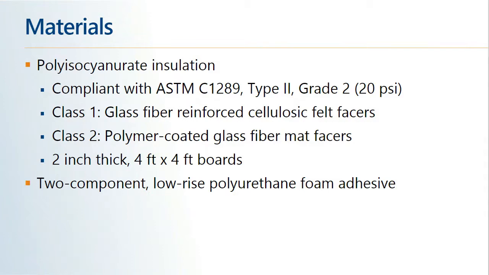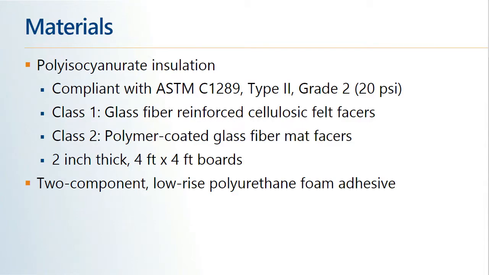So, following the research methodology, the polyisocyanurate insulation was used. We used the two types of facers that are common in the industry. You have your glass fiber reinforced cellulosic felt facers, or sometimes people refer to those as paper facers. And then we had our polymer-coated glass fiber mat facers.